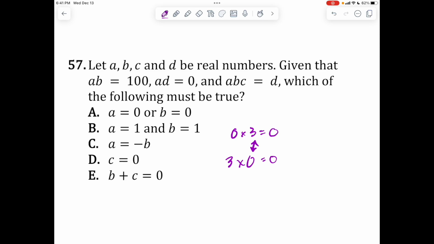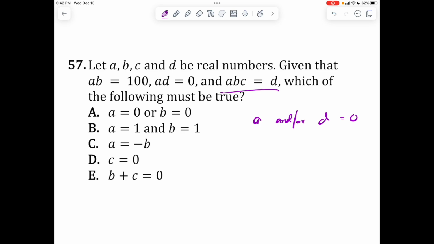What does this mean? It means that either A or D is equal to 0. Either or, we don't know which one.